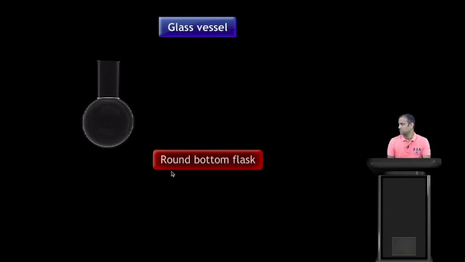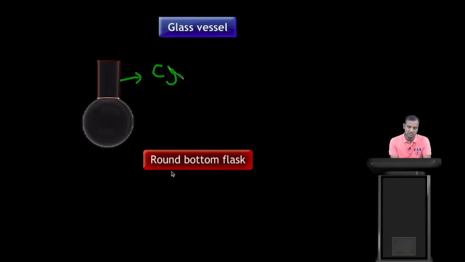and this glass vessel is called a round bottom glass flask. We can clearly see that it's a cylinder and a sphere.